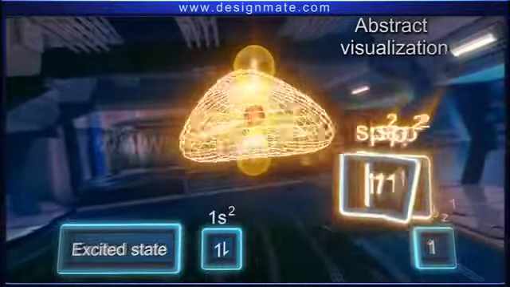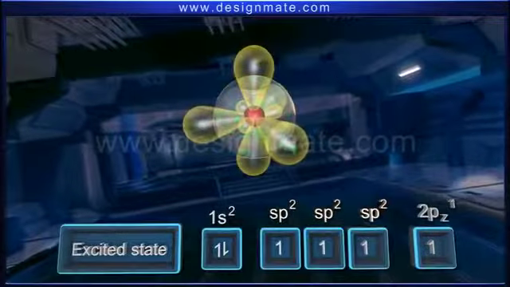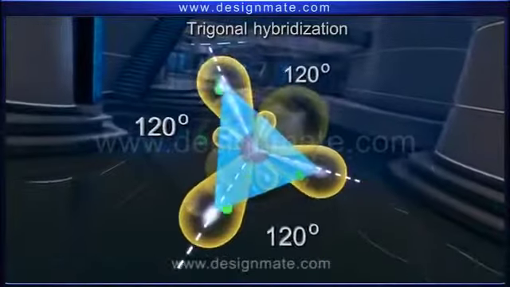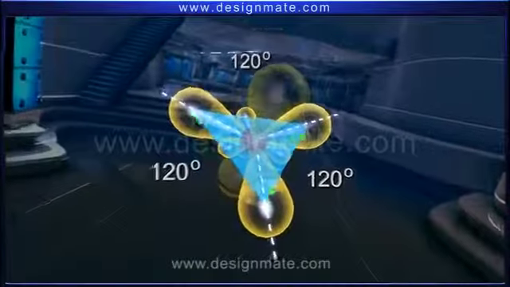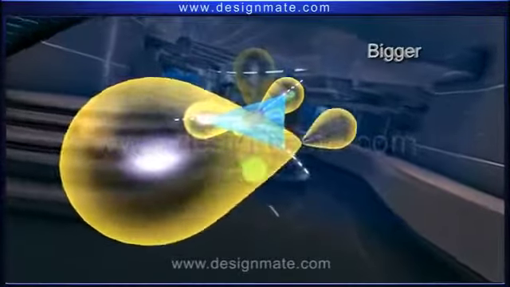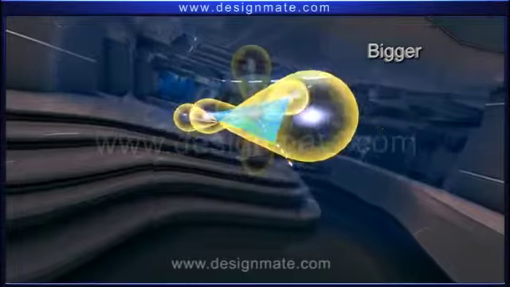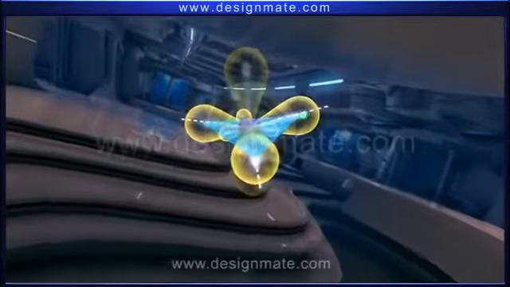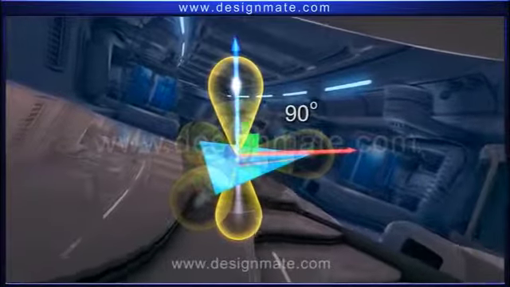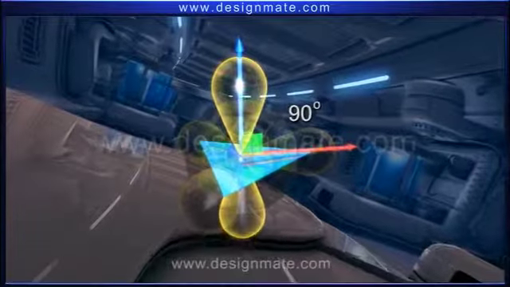The hybridization leads to the formation of 3 equi-energic sp2 hybrid orbitals. As you can see, each sp2 hybrid orbital is bilobed, one lobe bigger than the other. The half-filled p orbital, which was not involved in hybridization, lies at right angles to the plane of the equilateral triangle.